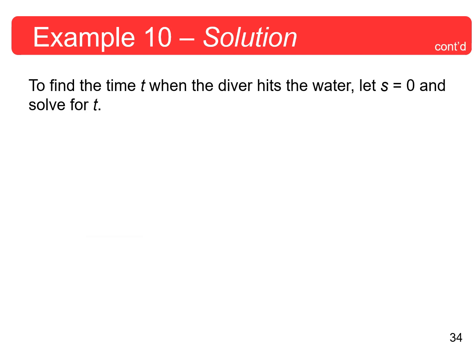Then to find the time when the diver hits the water, that is when s, or the position, is equal to 0. That is actually the ground. So therefore, we just have to let s be equal to 0 and then solve for t. So equating the position function to 0, we can then solve for t.